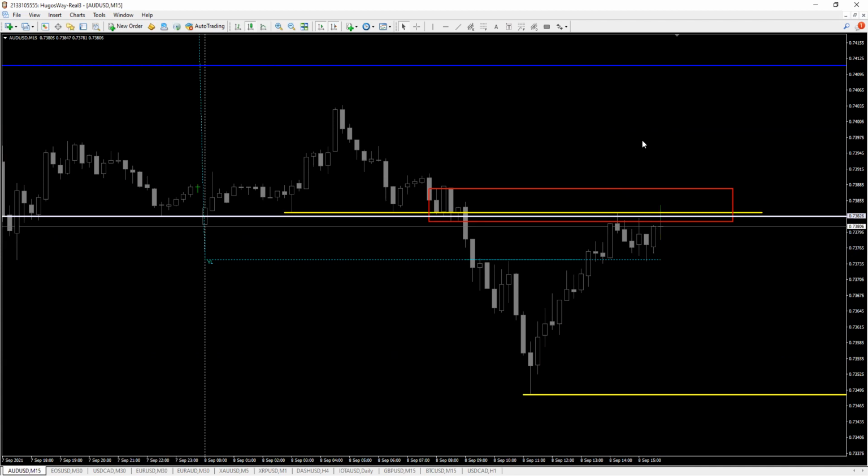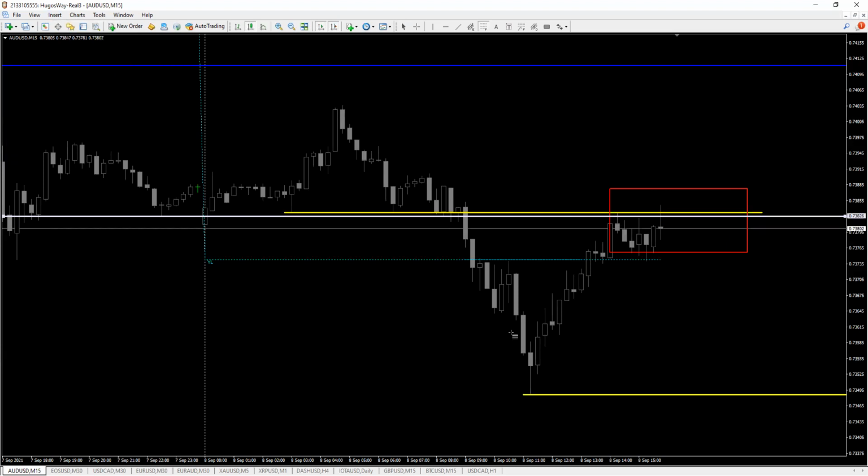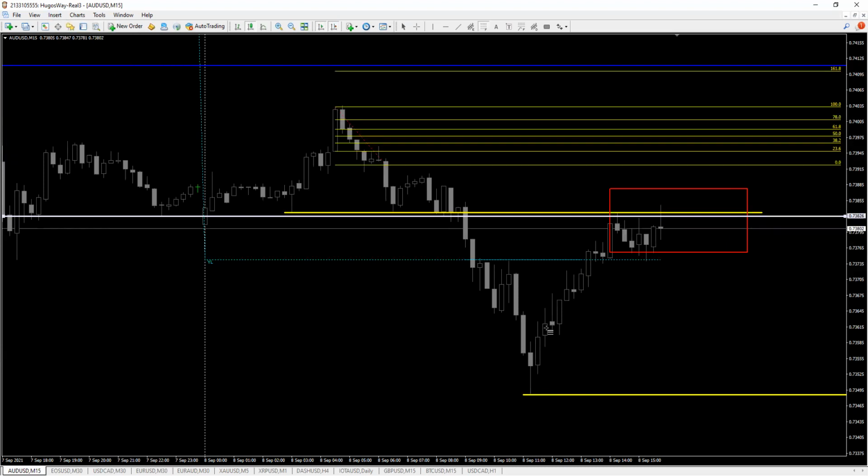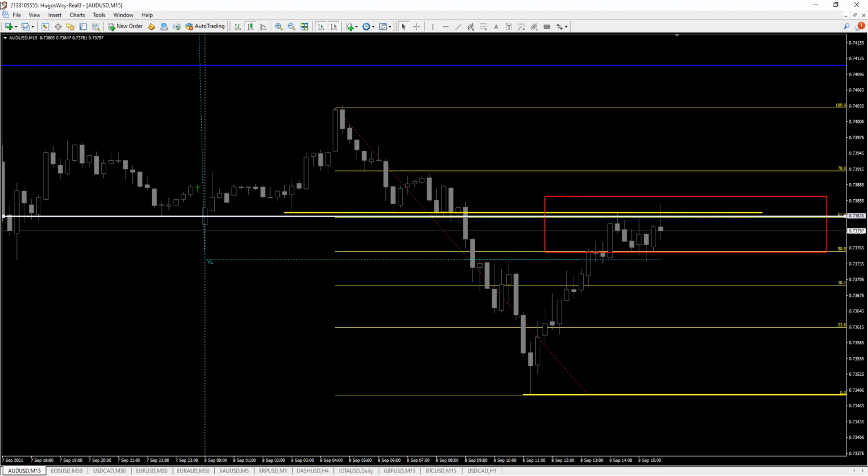Another thing that will confirm this area as a great entry point is this Fibonacci. The Fibonacci is used on this intraday swing high to swing low here. We're at the 61.8 right now, so that alone confirms an ABCD formation.